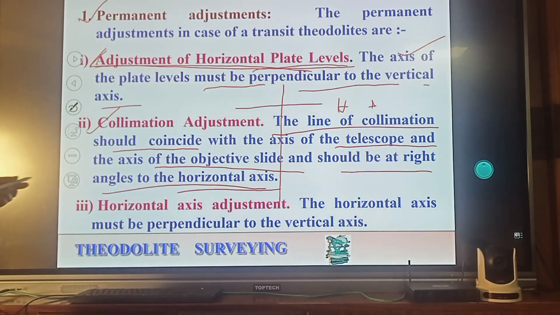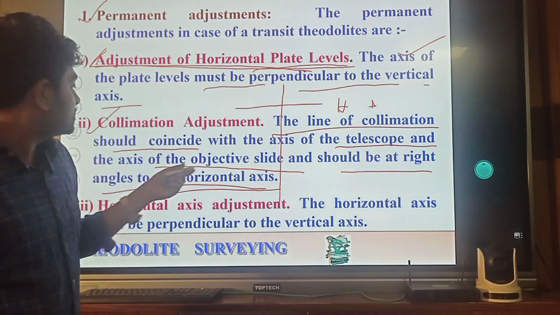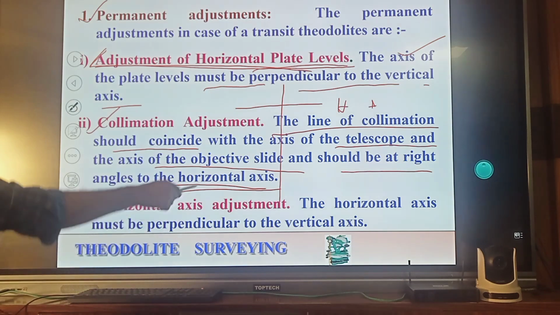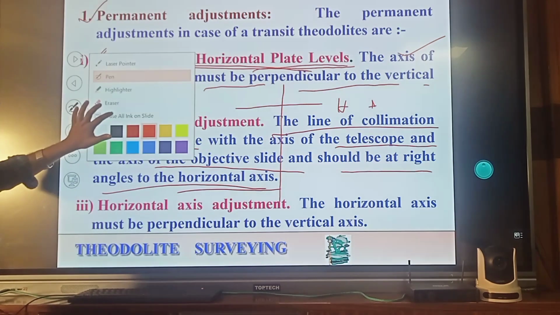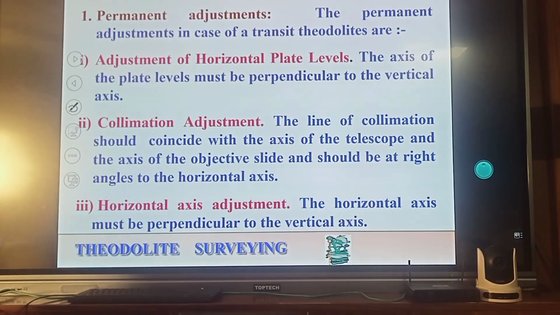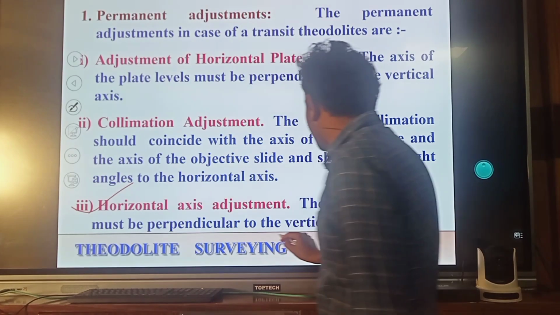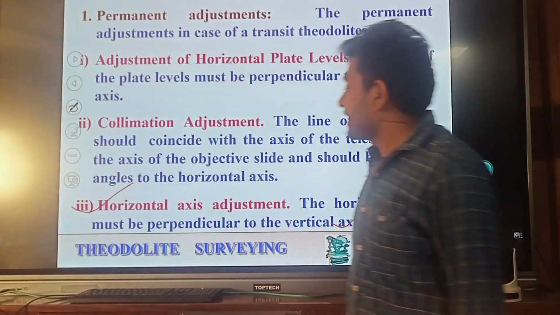The telescope axis and the axis of the objective slide must be at a right angle to the horizontal axis. Then next, the horizontal axis adjustment. The horizontal axis must be perpendicular to the vertical axis.